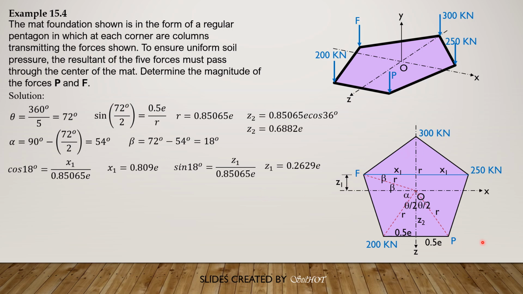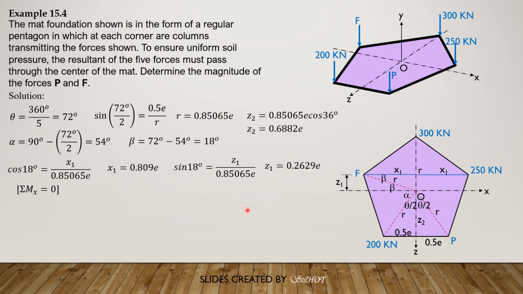Now that we have computed the important distances as moment arms of these forces, we can now sum up moments about the x-axis, and let's consider the right thumb rule. P and 200 have the same distance. F and 250 have the same distance about the x-axis, but they are minus. 300 is also minus, then its moment arms are.